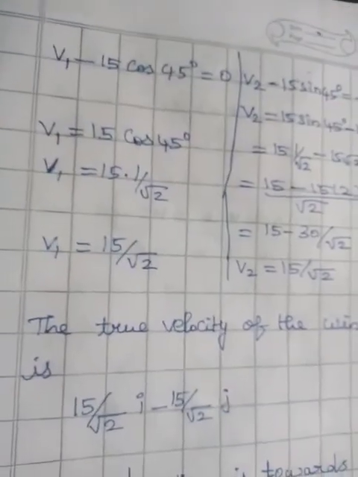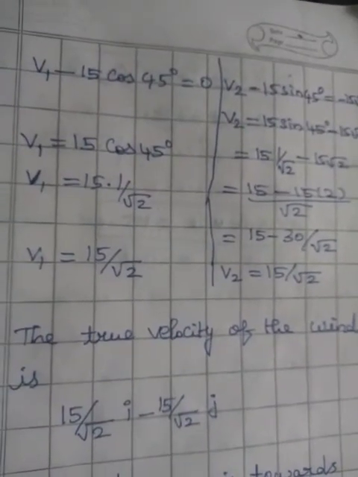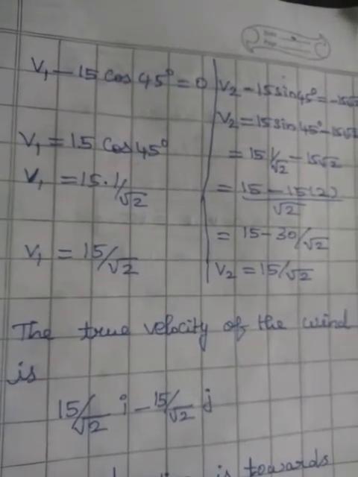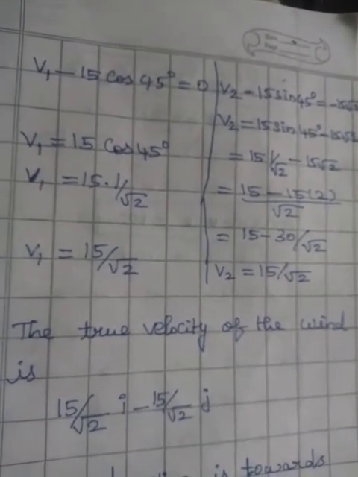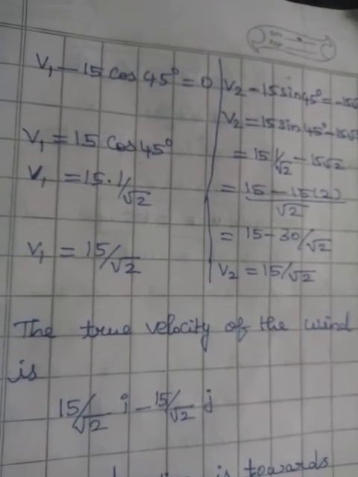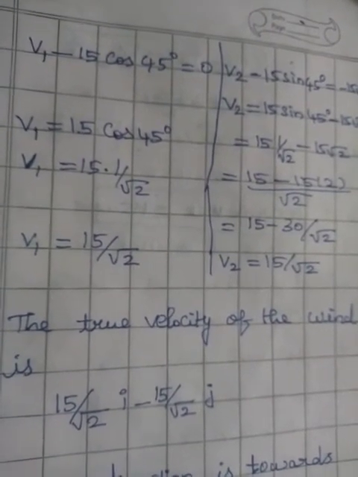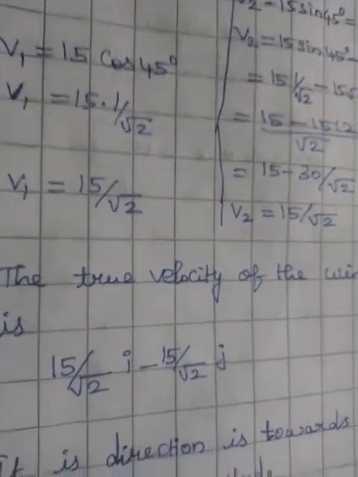So v2 equals minus 15 divided by root 2. So the v1 value is 15 divided by root 2 and the v2 value is minus 15 divided by root 2. The true velocity of the wind is 15 divided by root 2 i minus 15 divided by root 2 j.